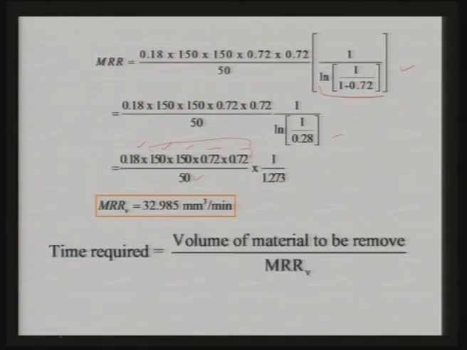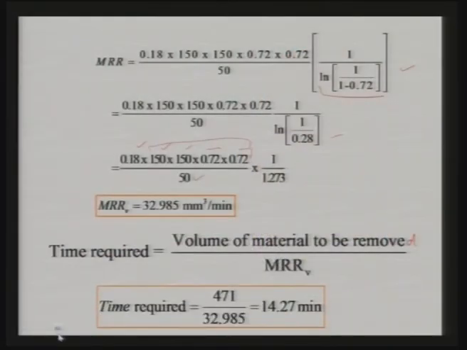Now, we want to calculate what is the time required for drilling the hole. So, for that purpose, first we should know what is the total volume of the material to be removed while drilling the hole, and what is the volumetric material removal rate of the process. If you divide the first by the second one, then you will get the time in terms of minute.